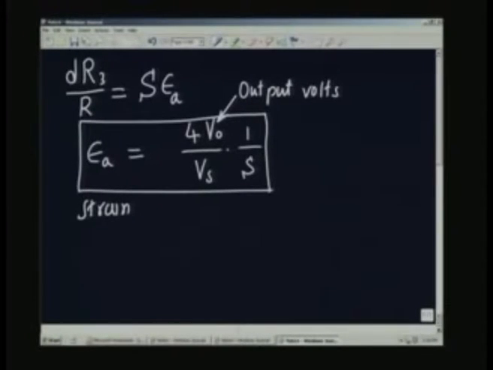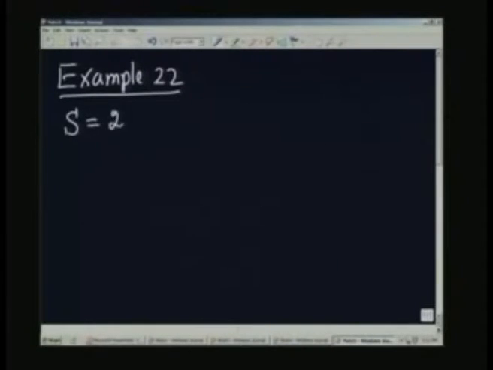In order to appreciate the types of numbers involved, let us take a simple example, so that we get an idea of the kinds of numbers we are going to have. I will call it example 22. We are just keeping track of the number of examples we have used in this set of lectures. Suppose I have a gauge factor S, which was roughly equal to 2.